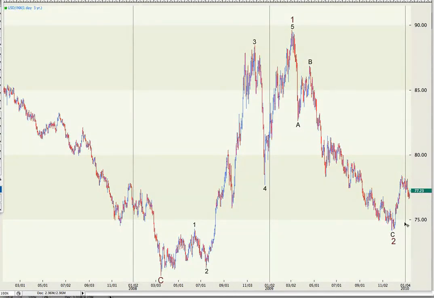So this recent rise that we've had with the dollar is just the beginning of what should take us quite a lot higher than the end of this wave 1 and significantly higher than that.